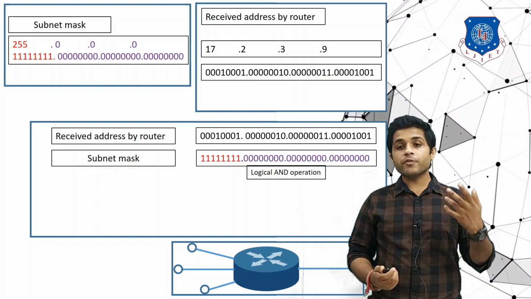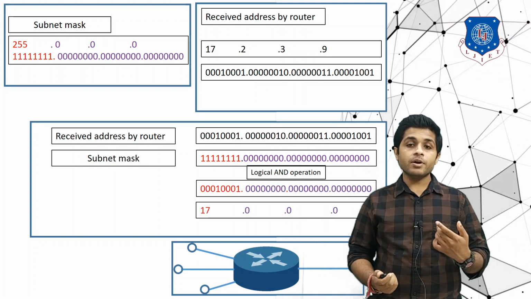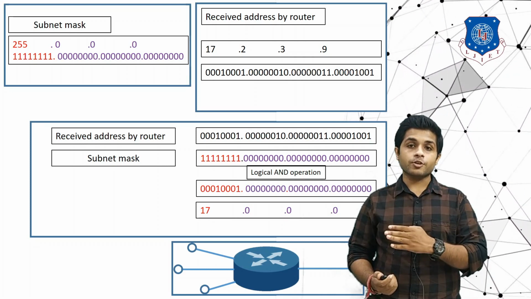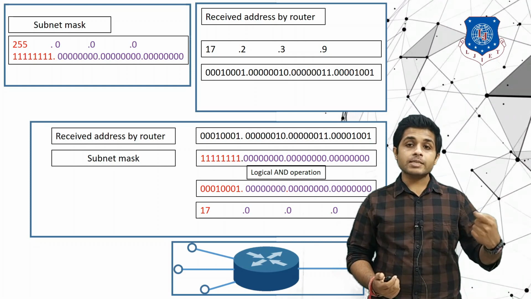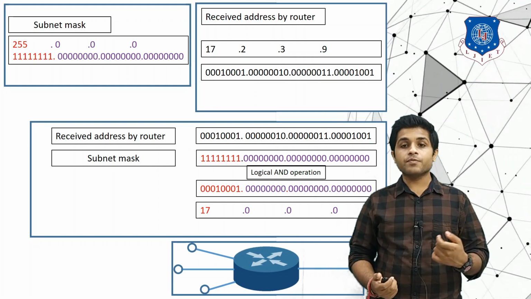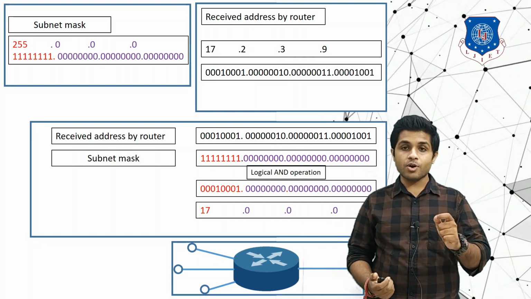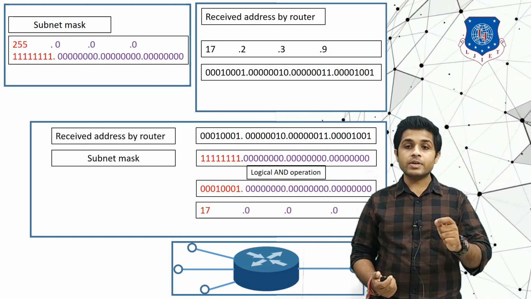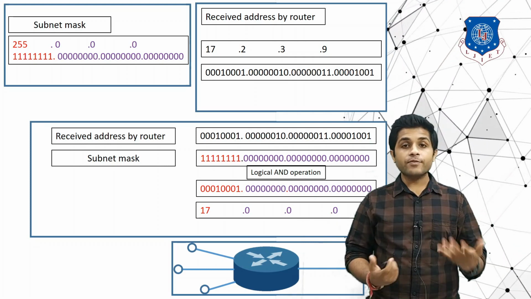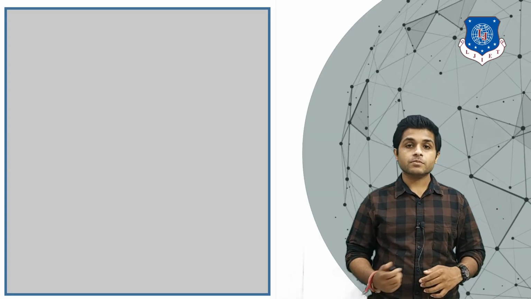The router will perform a logical AND between these two numbers and get 17.0.0.0. So from the received class A IP address, the router has found the IP address of the network, which is the first IP address of the network, 17.0.0.0. That is how a router finds the network address from any received IP address.